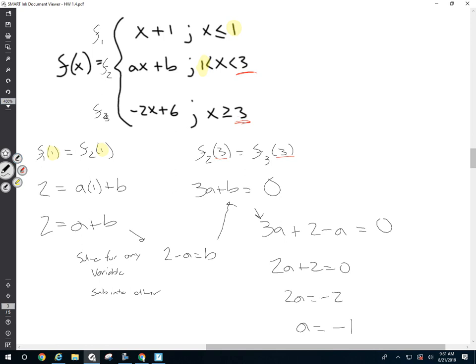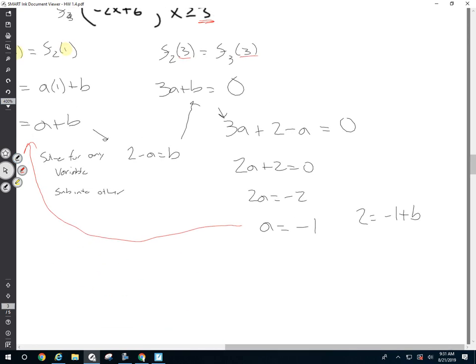I got a. Now that I have a, use either equation to find b. Let's use this one because it's easy. 2 equals negative 1 plus b. B's got to equal 3. Okay? And that is how I find a and b when I have a system.